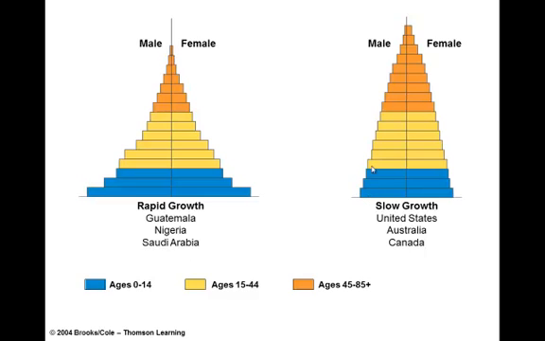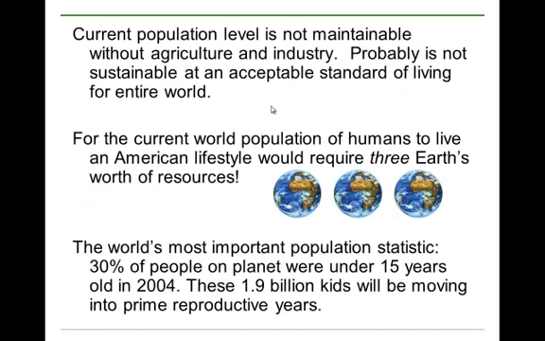Its sides would be pretty much parallel until you got up to the very tip, and then it would go in as the oldest age group senesced and died. And a negatively growing population would have a narrower base than the top, and so that would be a shrinking population. Now, the current population level is not maintainable without agriculture and industry.